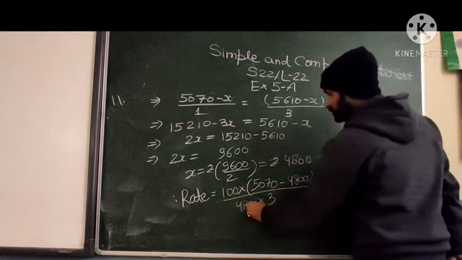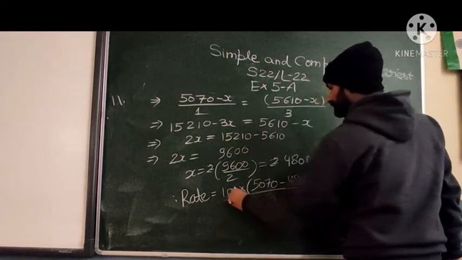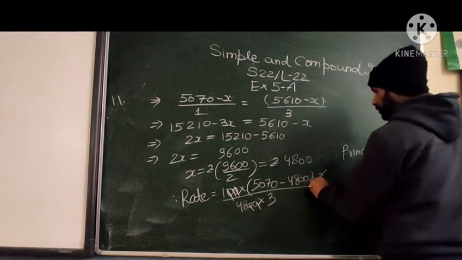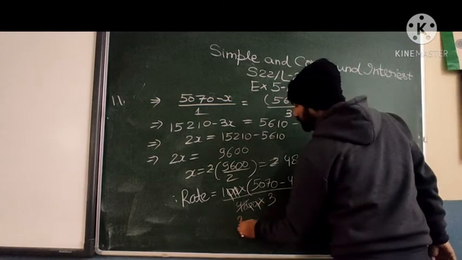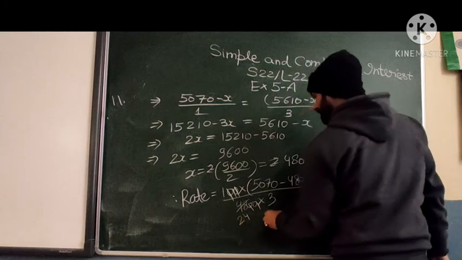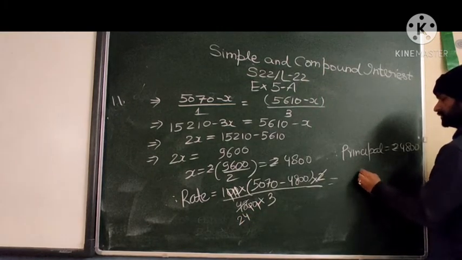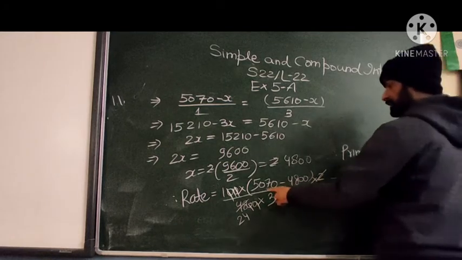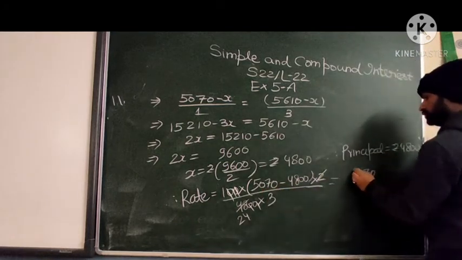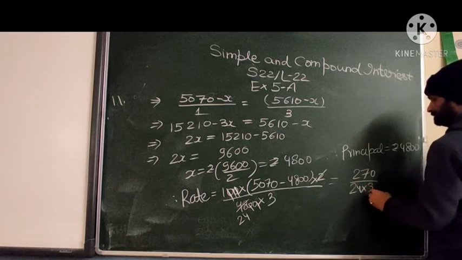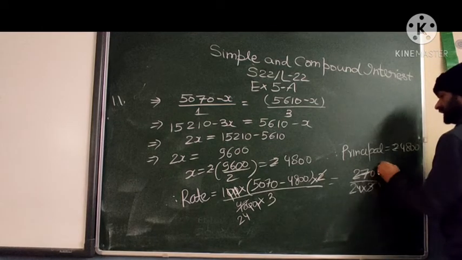So 2 zeros will cancel here itself. Then what? 2 ones are 2, this 2 to the 4, 2 fours are 8. What remains? 70 minus 0 is 70 only. 270 upon 24 is... 3 threes are 9, 90.